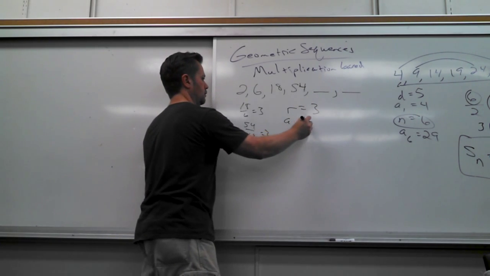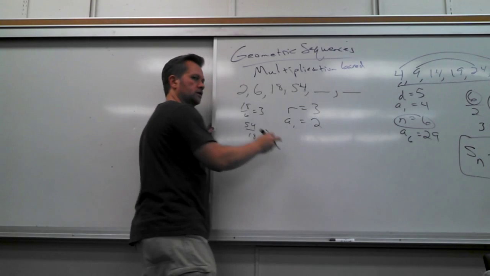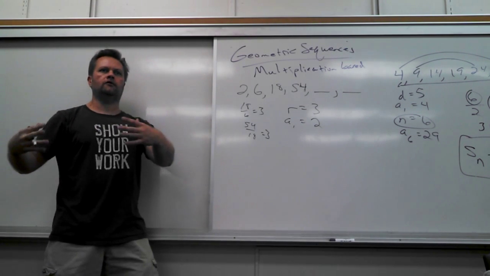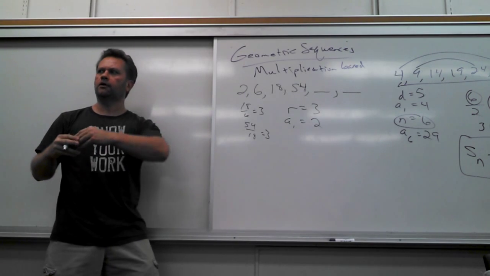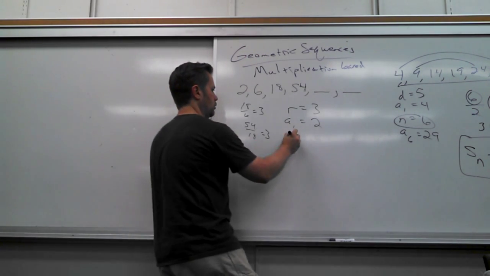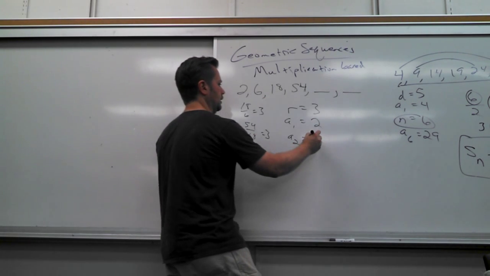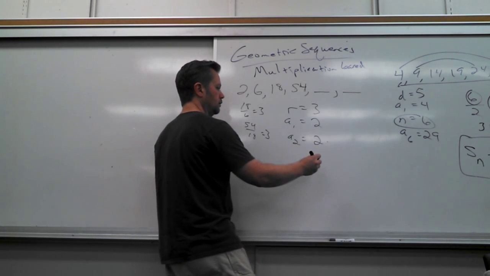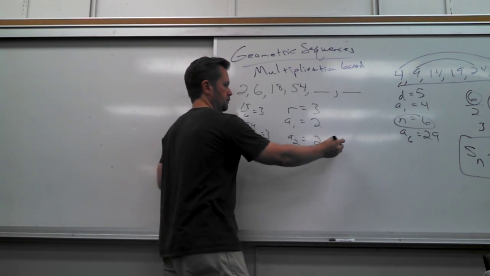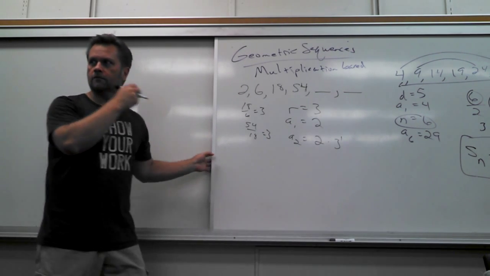So let's develop the general formula for a geometric sequence. A2 is 6. How did they get there from 2? Multiplied by one 3.